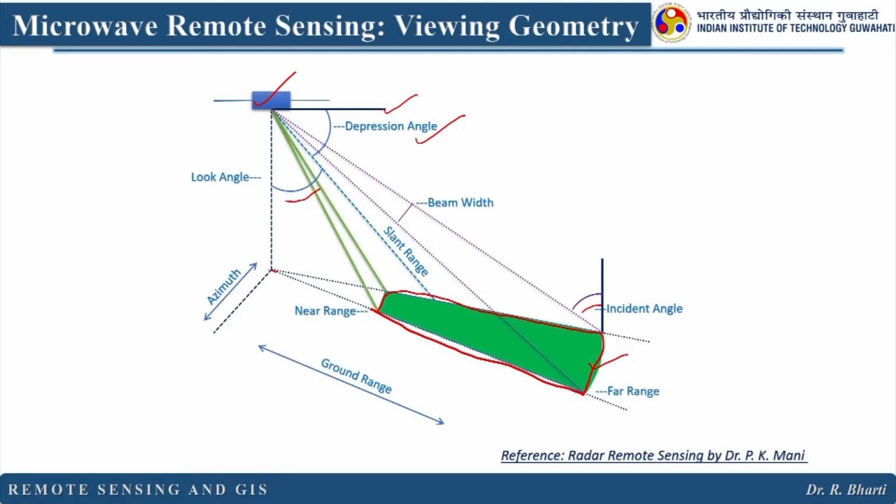And this is slant range. I hope you remember the distance between the center of the image and the satellite or the sensor is known as slant range. And this is basically your beam width, and this is the ground range.